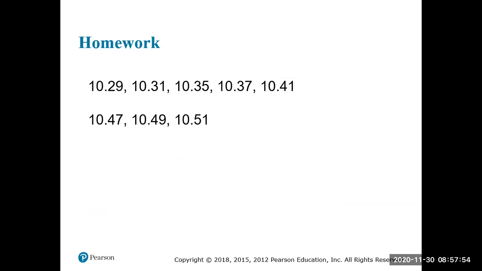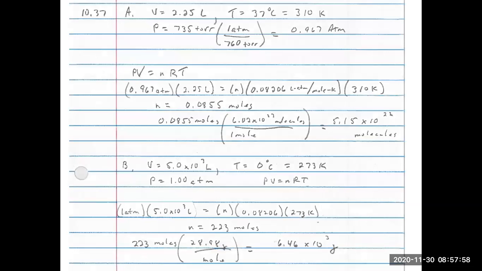So there's some homework associated with this. I'd like to go over a couple of the problems, so let me pull up the questions here. The first one I'd like to take a look at is question 1037.